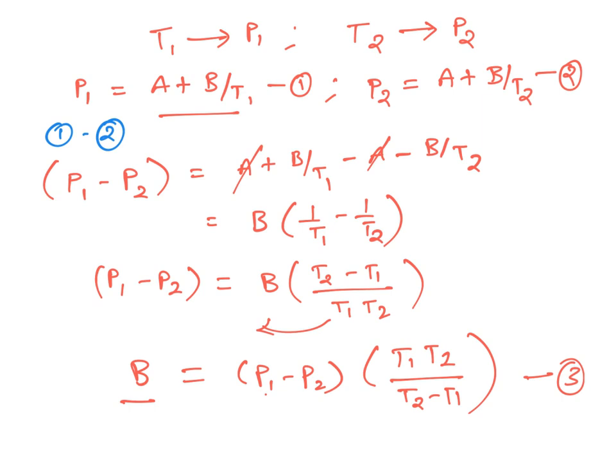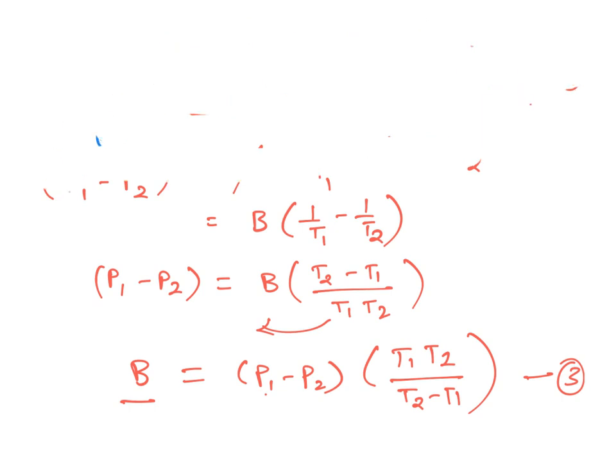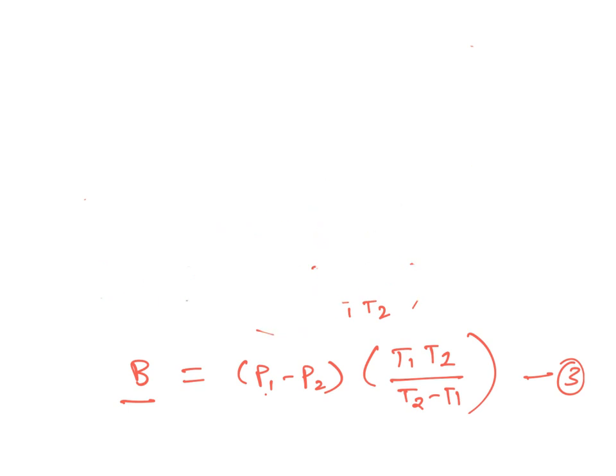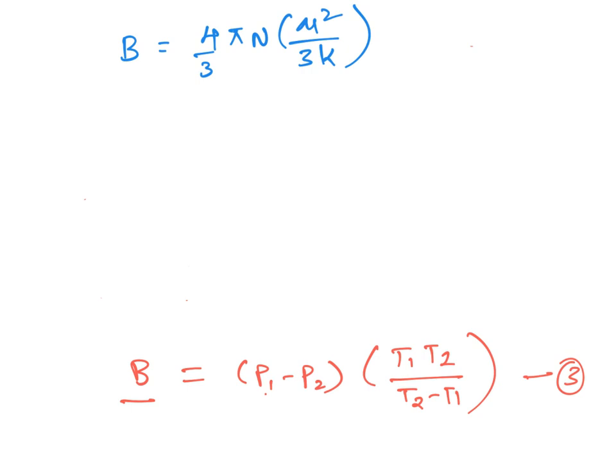How can we calculate the dipole moment by knowing the B value? From the previous equation, what we have assumed is B equal to 4 by 3 pi n mu square by 3 kappa. Now, once we know the B value, we can substitute it in the equation.